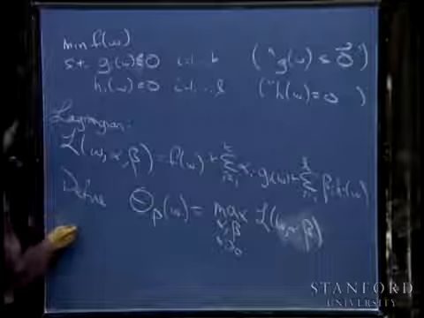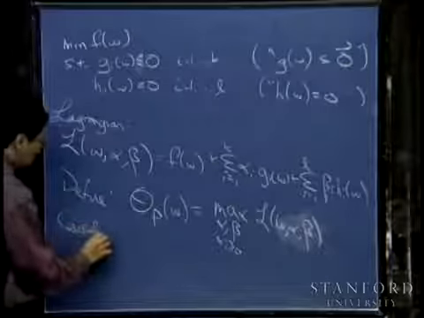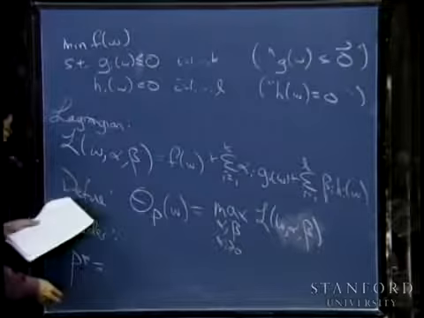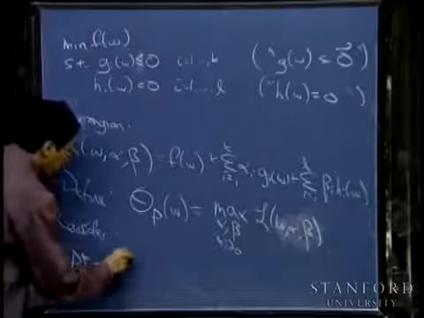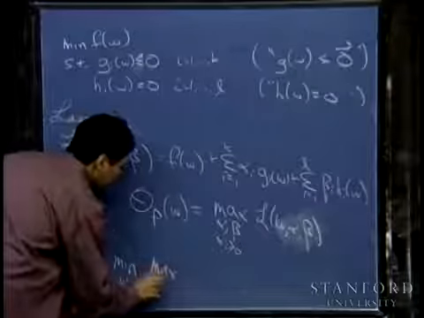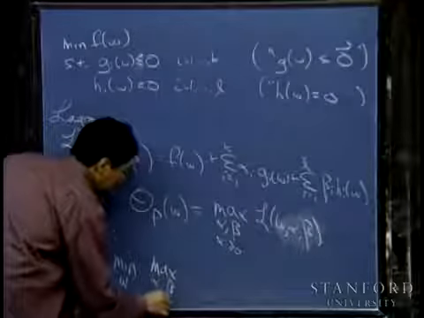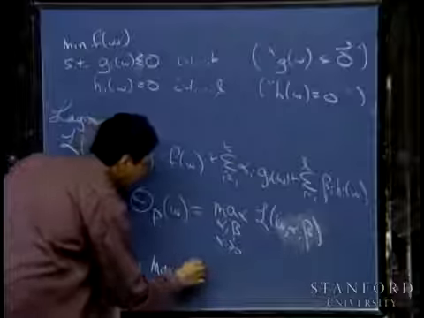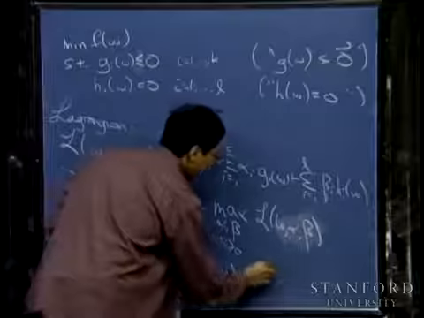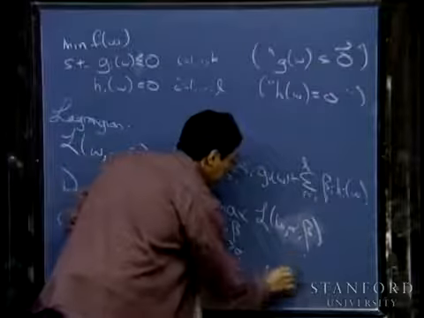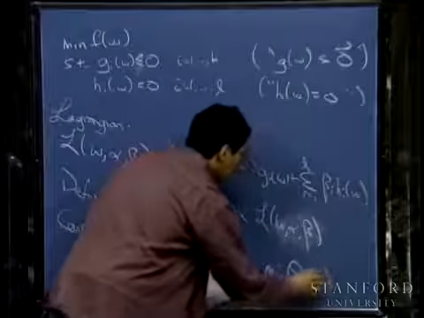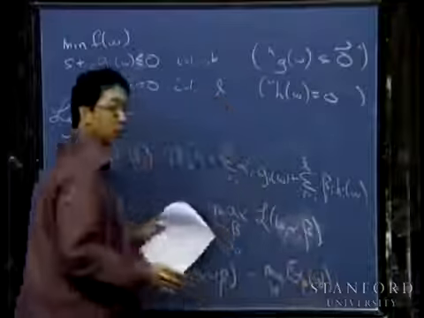And so I want you to consider the optimization problem min over w of max over alpha, beta such that the alphas are greater than or equal to 0 of the Lagrangian. And that's just equal to min over w of theta P of w. Okay.